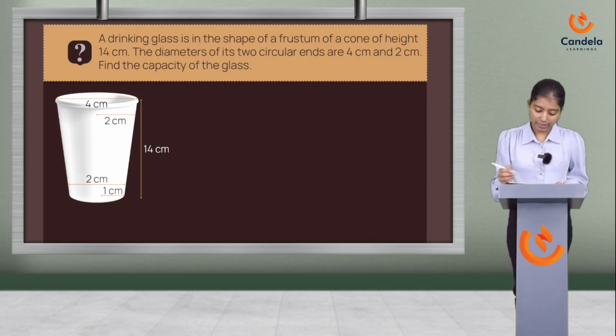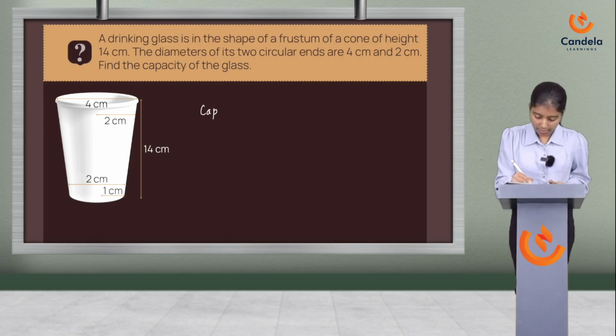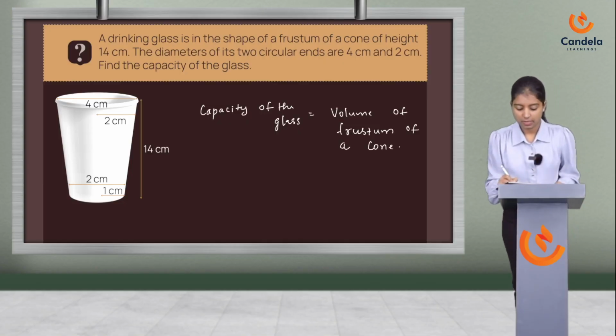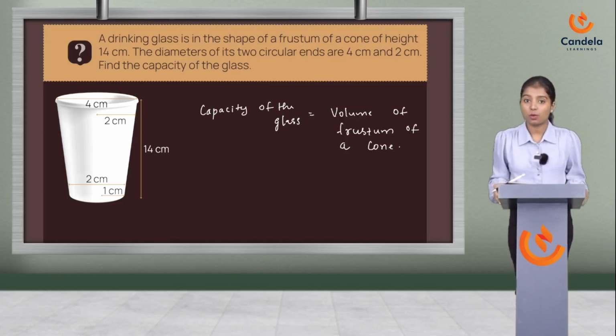So here we can say that capacity of the glass is equal to volume of frustum of a cone. Now, do you remember the formula to find volume of frustum of a cone? Yes, we all know the formula, right?